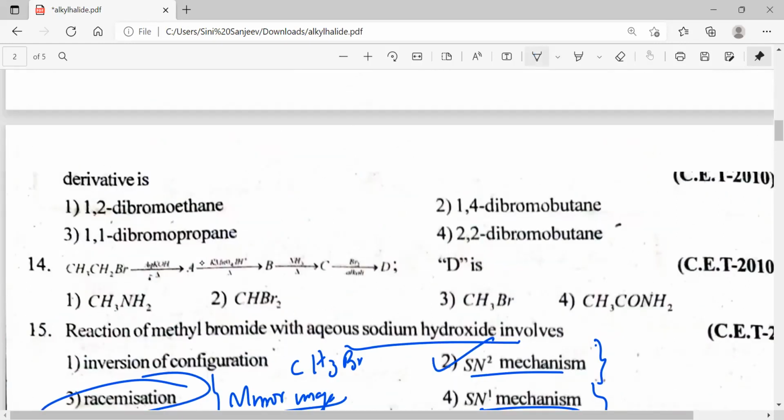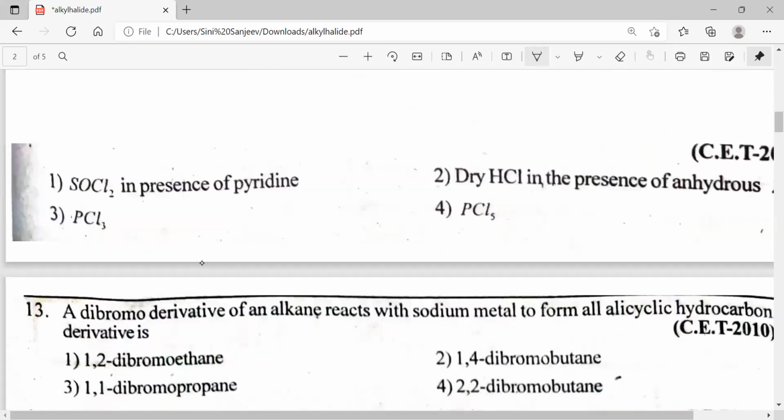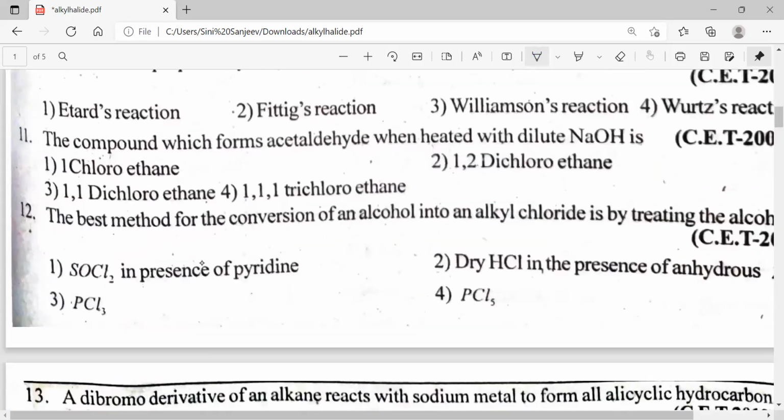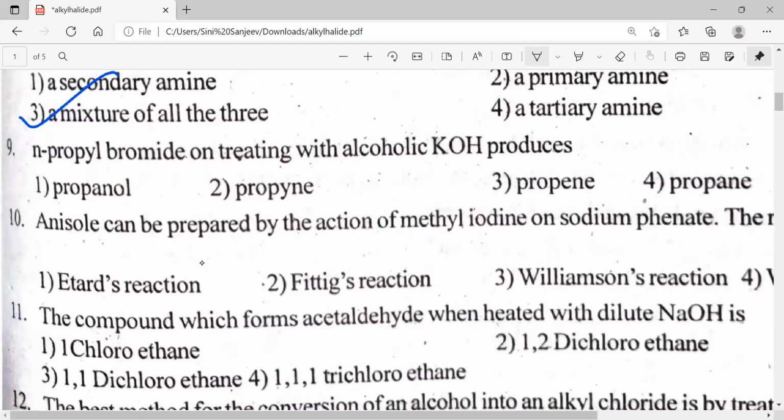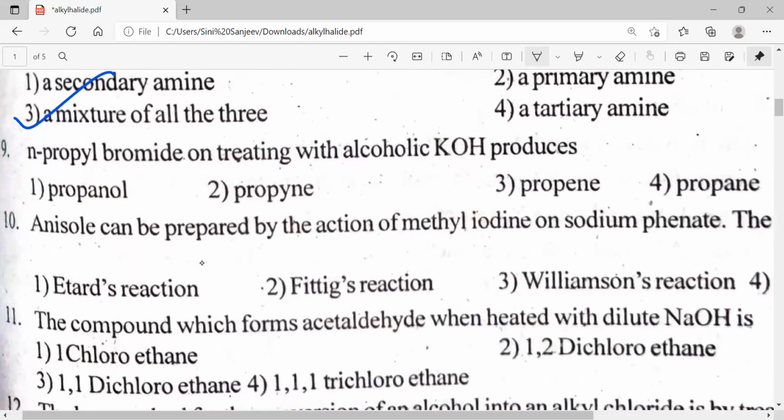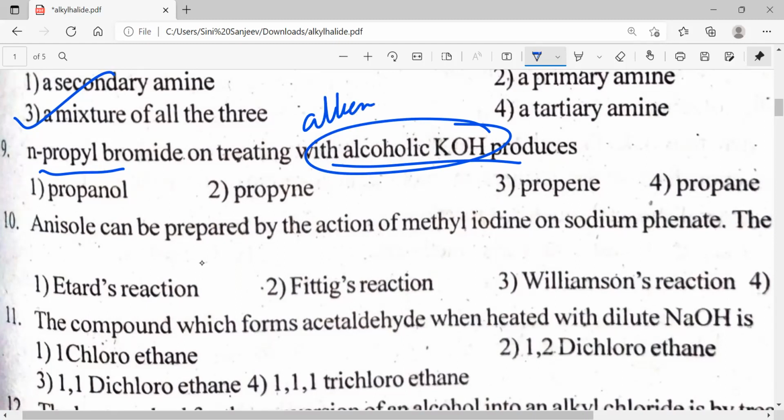Now let me go to some other thing. Some of the questions are, one more thing is here. The 9th one. N-propyl bromide on treating with alcoholic potash. So N-propyl bromide, an alkyl halide, with alcoholic potash. What am I getting? Anything with alcoholic potash is giving me alkene.